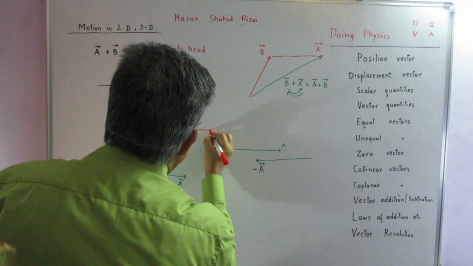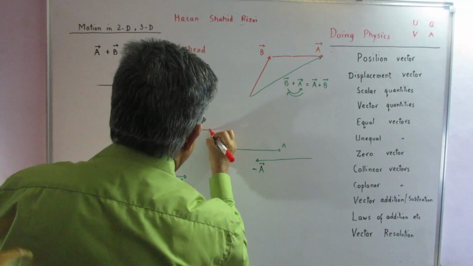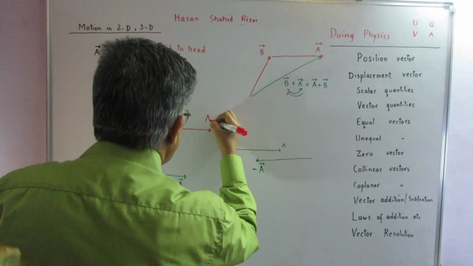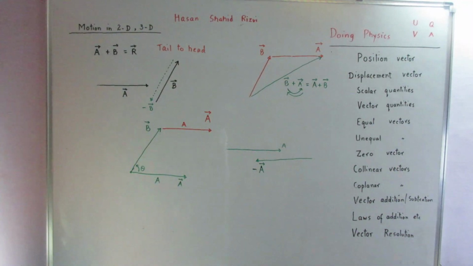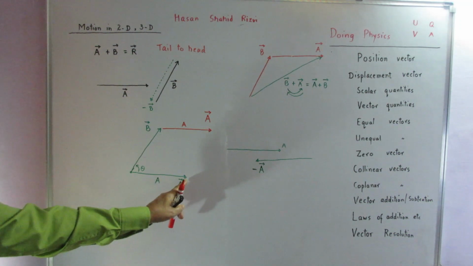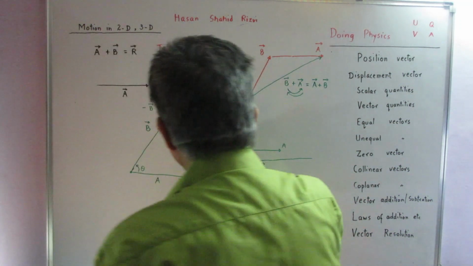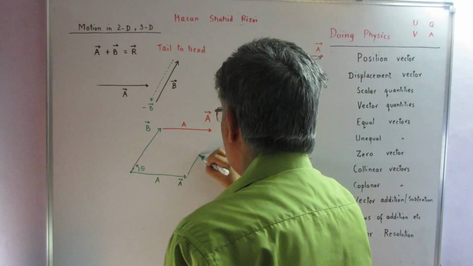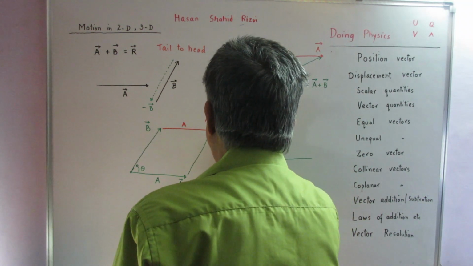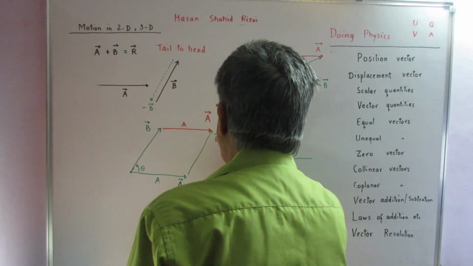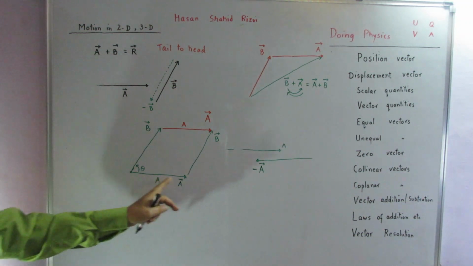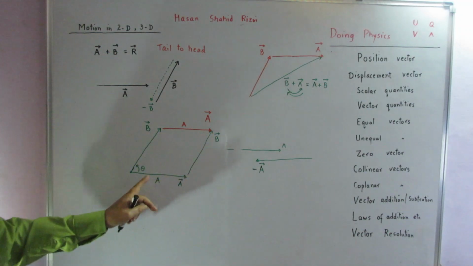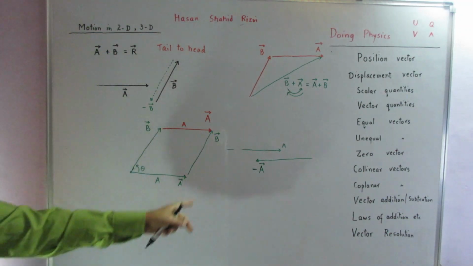Allow me to draw this vector, and it's not unreasonable to call this vector again as vector A. Similarly, from the head of this to the head of this, and because it is parallel to the vector B, I write this as vector B. So the interesting thing is that this line is parallel to this line and this line is parallel to this line.